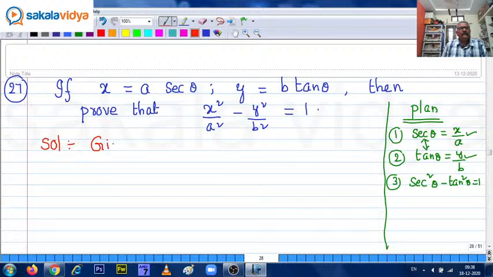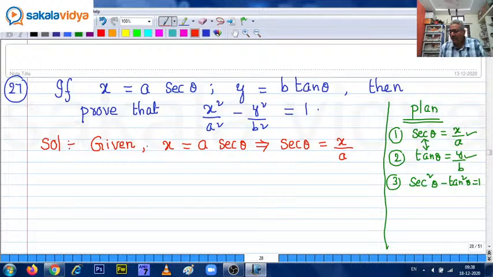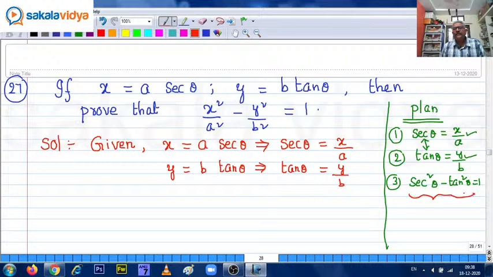Given. For the given data also, marks will be awarded in the board examination. X is equal to a sec theta. So sec theta equals to x upon a. Okay. So y equals to b tan theta. So tan theta equals to y upon b. So just make use of this formula.